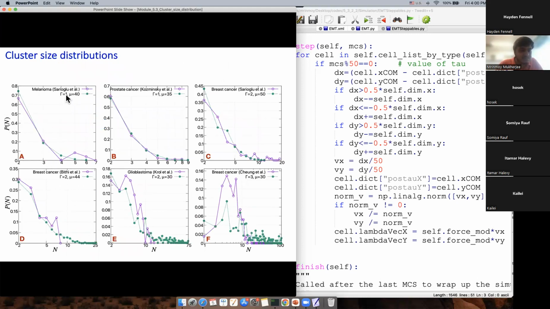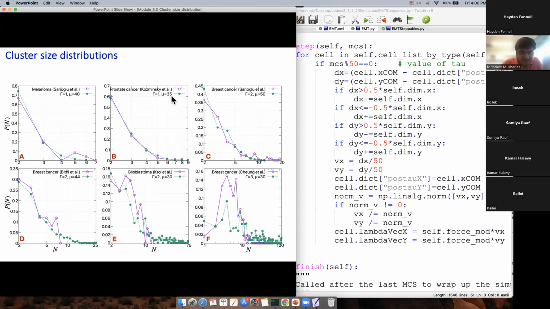As you can see, it is not exactly fitting, but we try to compare with different couples of parameter values of gamma and mu. At gamma equal to 1 and mu equal to 40, we get a close resemblance with this kind of data.